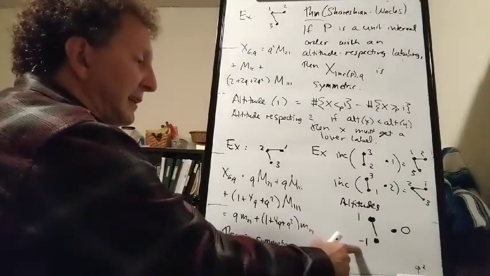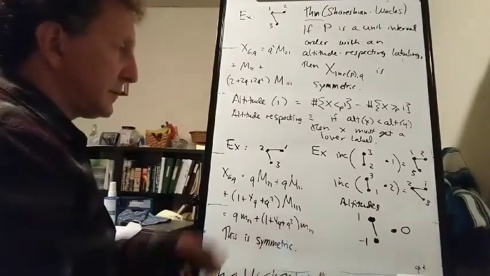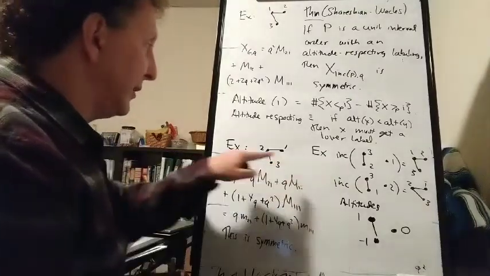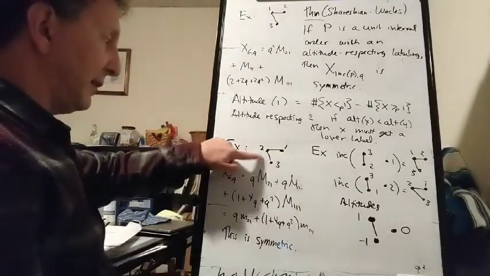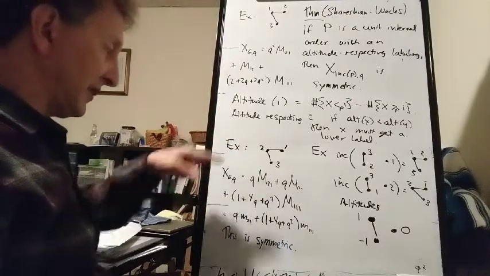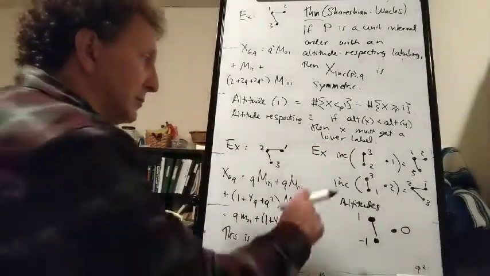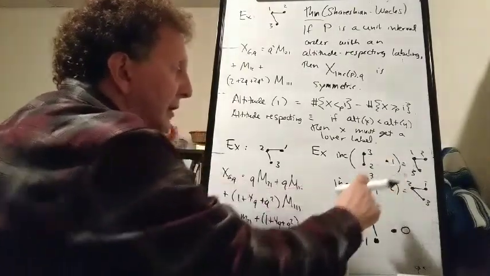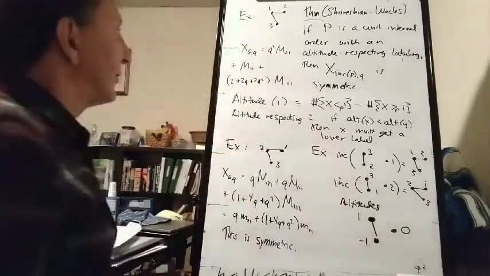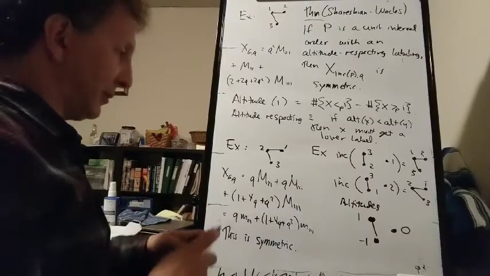So that means that this should get the least label, that should get the second least label, and this should get the highest label. So the second poset follows that rule. It has an altitude respecting labeling. And that's what makes this graph have a chromatic quasi-symmetric function that's symmetric. This poset does not follow that rule, because the element of altitude 0 got a lower label than the element of altitude -1, which is what makes this graph have a chromatic quasi-symmetric function which is not symmetric.